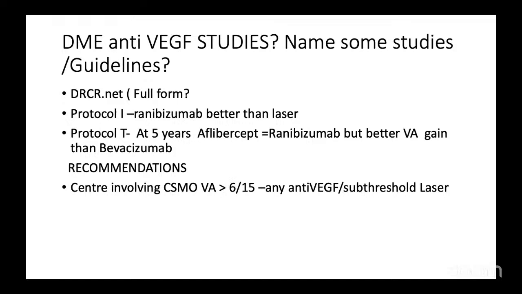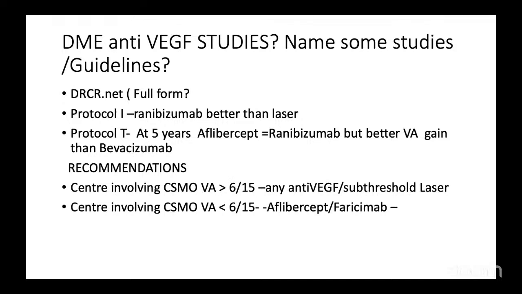When the vision is better than 6/15, any anti-VEGF would work well, or you can go for subthreshold laser as another option. But when the vision is less than 6/15, aflibercept or faricimab.